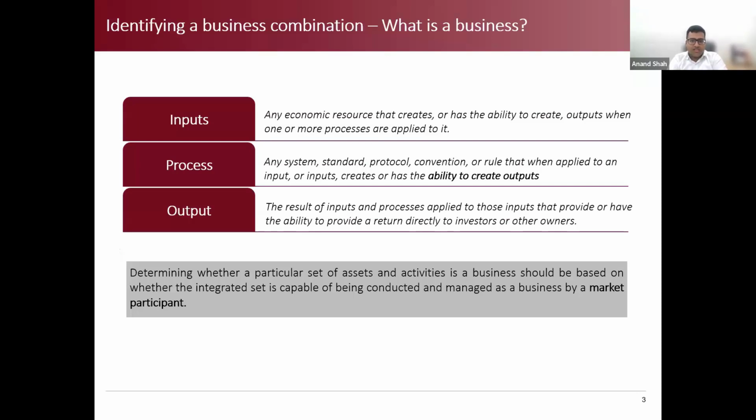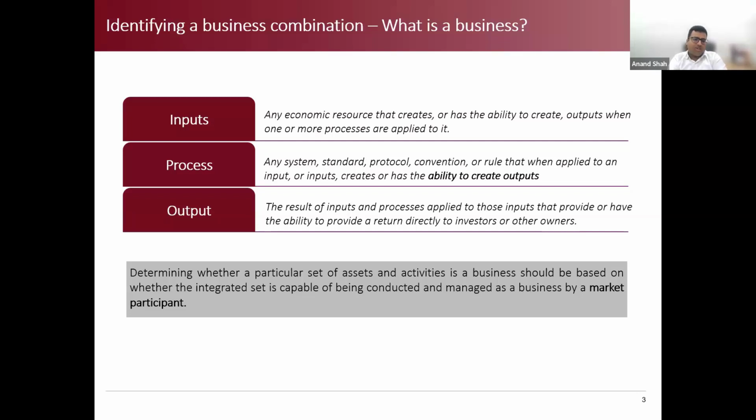Inputs are any resources that have an ability to create output when one or more processes are applied to them. A process is any system, standard, protocol, convention, or rule that, when applied to an input, creates outputs. An output is a result of inputs and processes applied to those inputs that provide, or have the ability to provide, a return directly to investors or other owners.